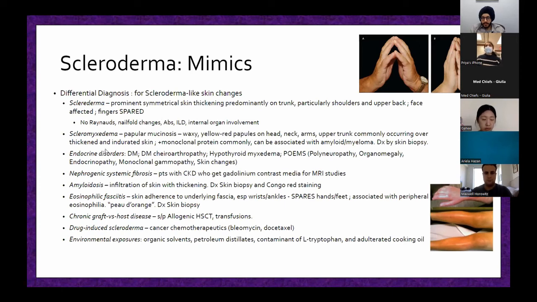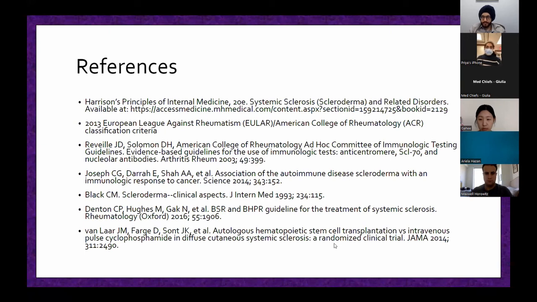Then there's scleromyxedema, which is papular mucinosis; some endocrinologic disorders, such as diabetic cheiroarthropathy, the prayer sign, which improves with proper diabetic management; nephrogenic systemic fibrosis, seen with MRI studies; and eosinophilic fasciitis. This is, again, another tricky autoimmune diagnosis sometimes. That's why skin biopsies are very helpful, because you will see the eosinophilia on the biopsy, and that affects management. Also graft versus host disease, drug-induced diseases I mentioned, and environmental exposures. And that's it.